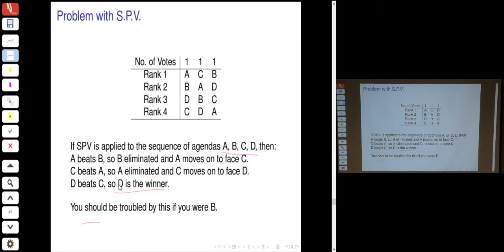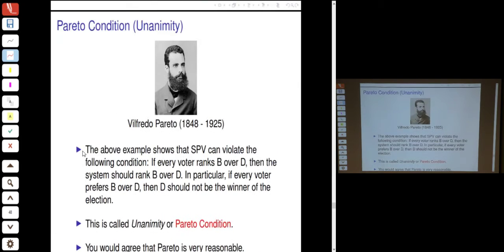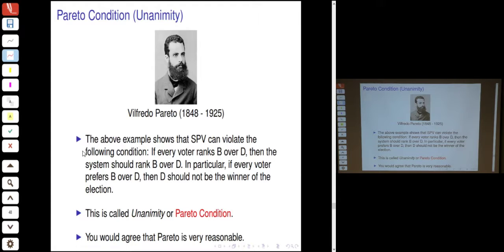Of course, this is troubling, and this leads to the famous Pareto condition in voting theory, also known as unanimity. It was discovered by Vilfredo Pareto, who worked in the 19th and 20th centuries. The above example shows that SPV can violate the following condition: if every voter ranks B over D, then the system should rank B over D. In particular, if every voter prefers B over D, then D should not be the winner of the election.